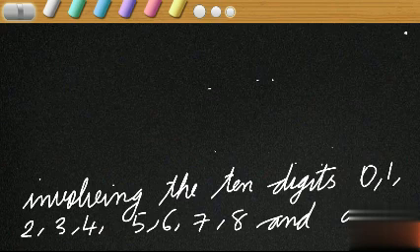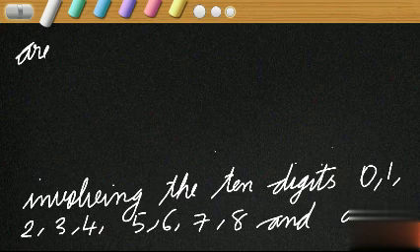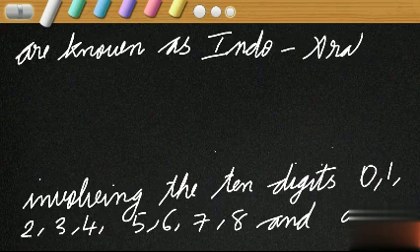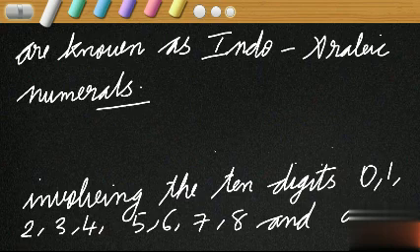The numbers involving the 10 digits 0 to 9 are known as, write neatly, okay, Indo-Arabic numerals.